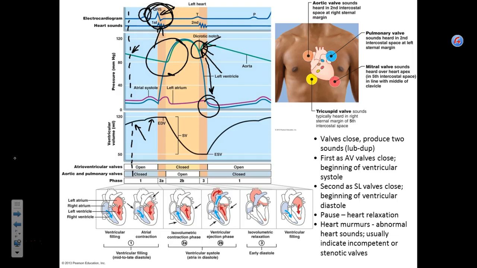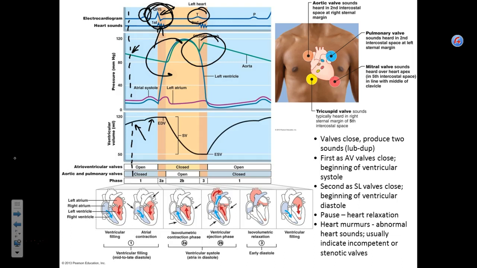Now, you can also see that, not coincidentally, repolarization of ventricles coincides with the closure of the SL, semilunar valve. Because when the ventricle starts to relax, the pressure in the ventricle drops, and the semilunar valve closes.